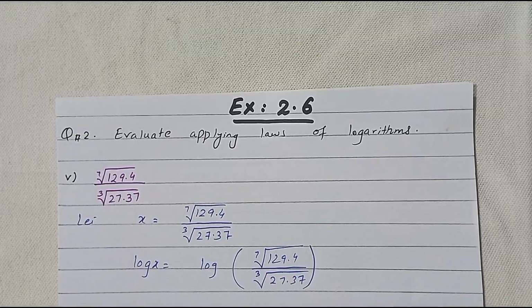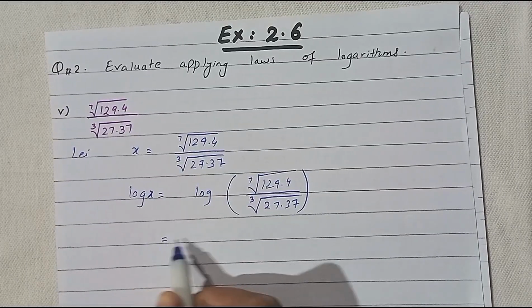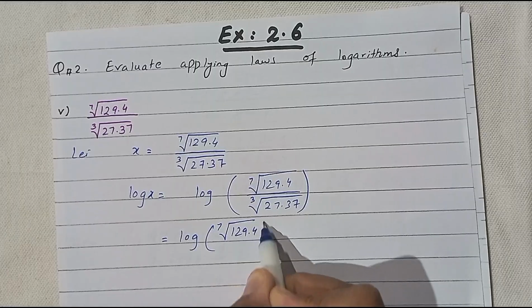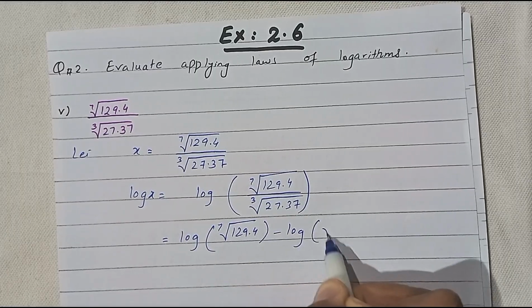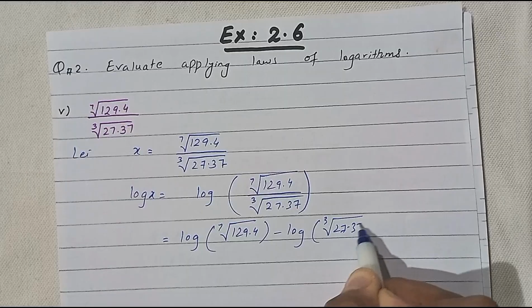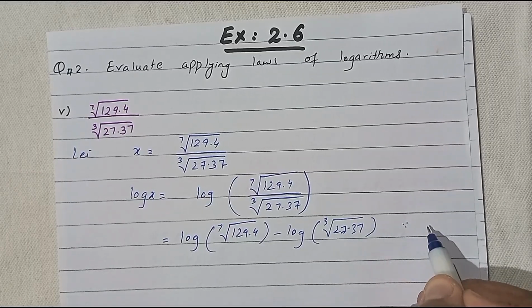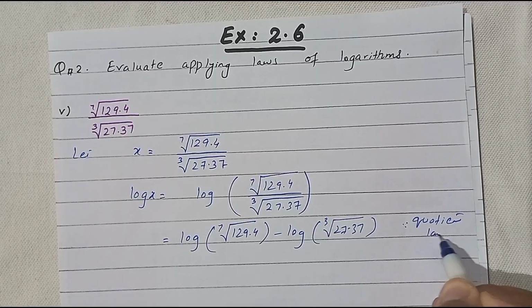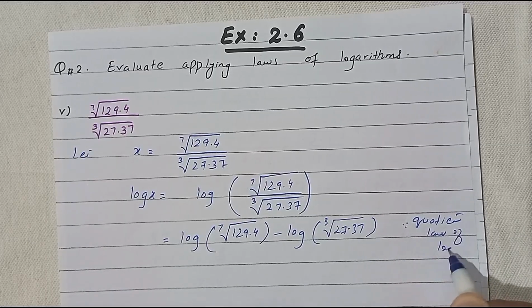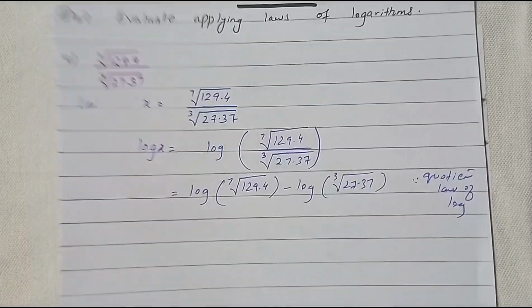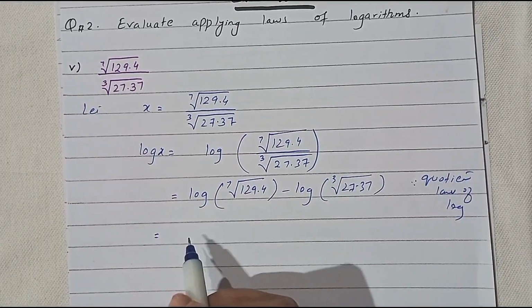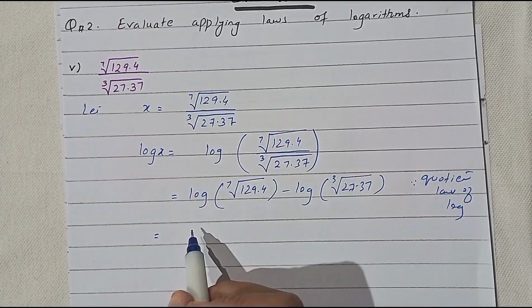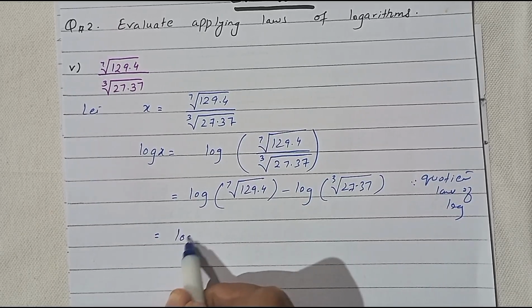By using the power law of log, we will write it as the difference of two logs: log of 7th root of 129.4 minus log of cube root of 27.37. This is the quotient law of log.